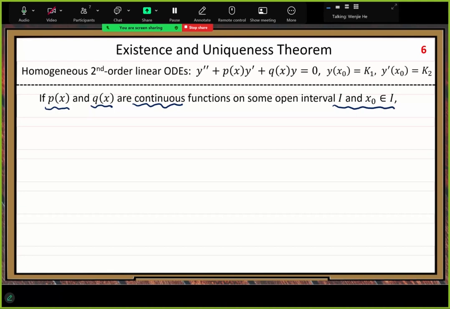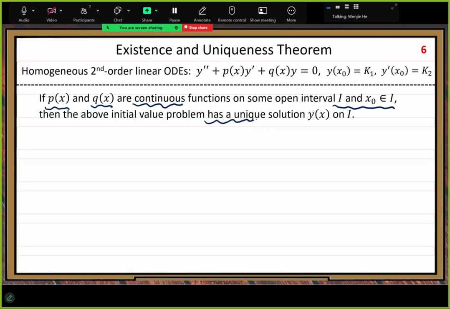So here the open interval I is used as the neighborhood containing that x0 point. All right, so that's the condition description. Conclusion: then the above initial value problem has a unique solution, y of x on I.